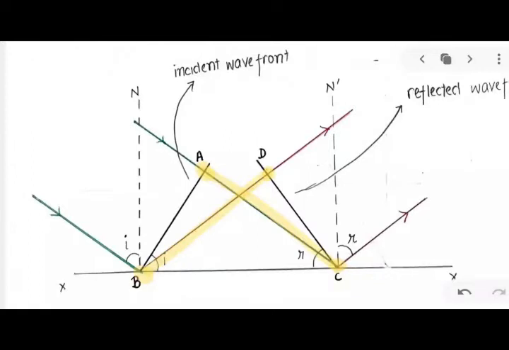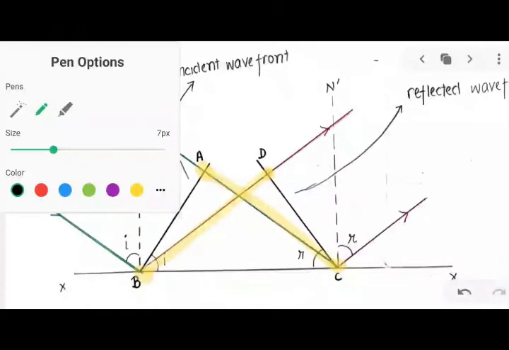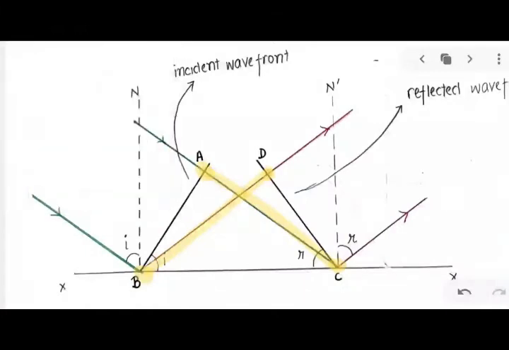Or we can also say it like this: during the time when the disturbance reaches from point A to C, a secondary wavelet from the point B will start spreading.